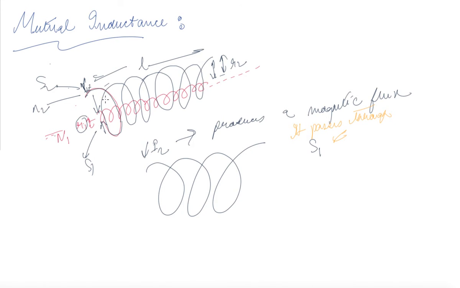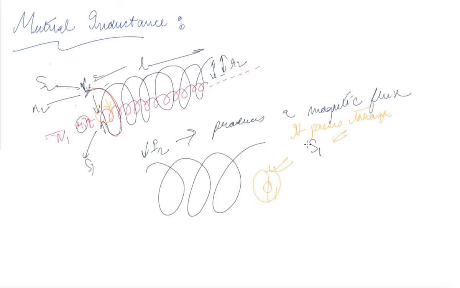So the magnetic flux passes through this particular solenoid S1. Let the magnetic flux that is generated thus be phi 1, that is, the total field lines that pass through the solenoid S1.